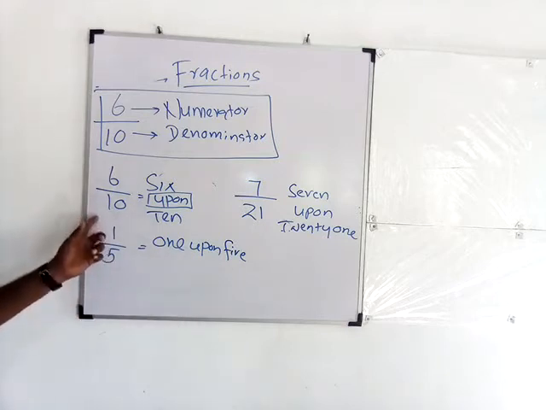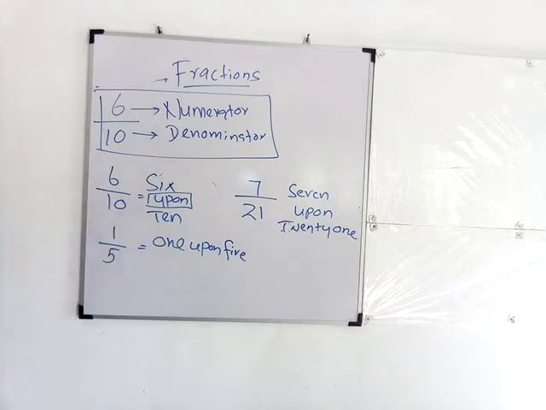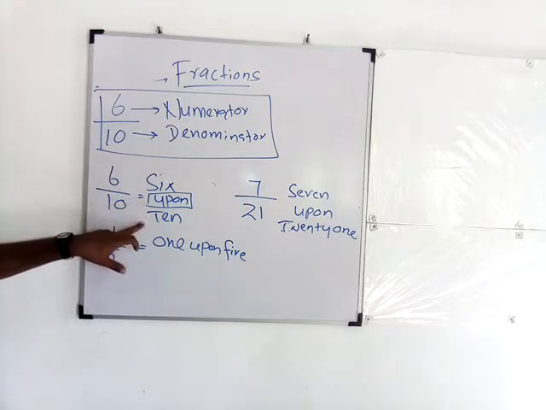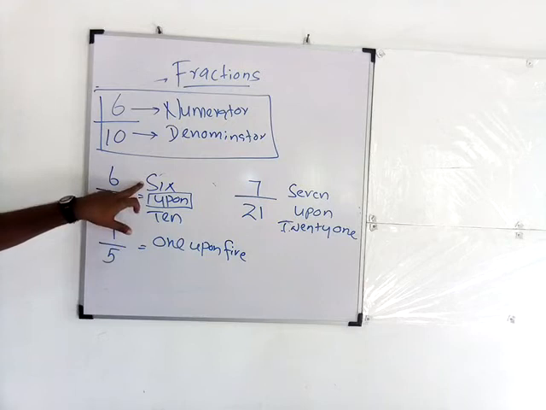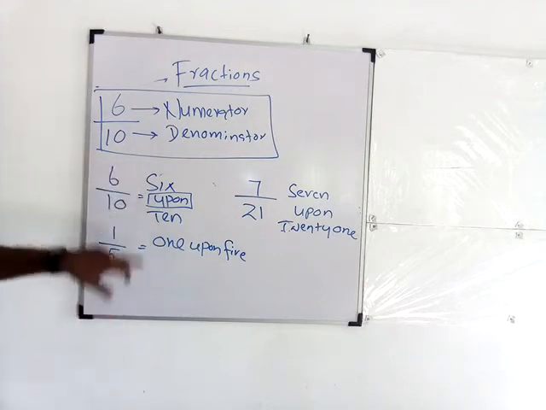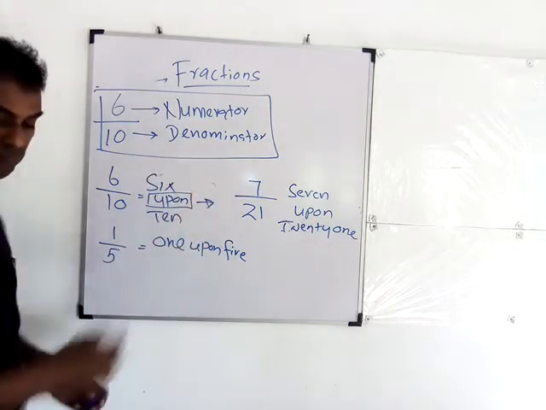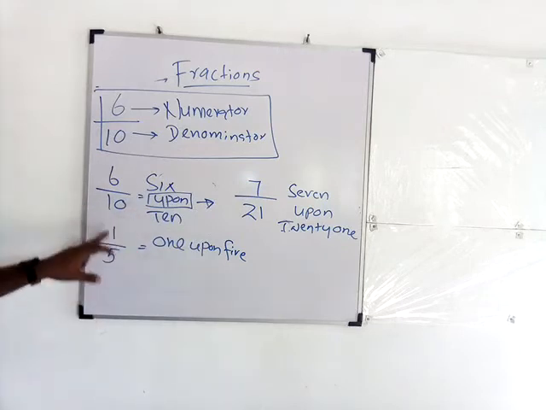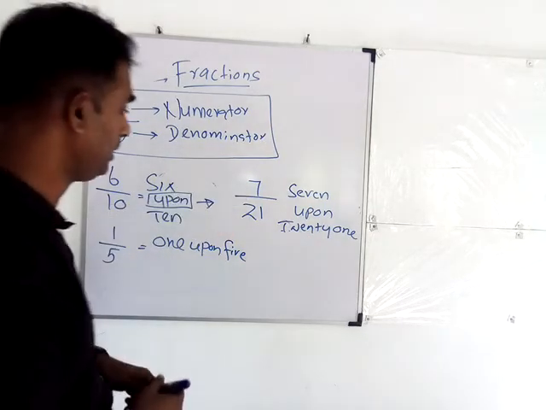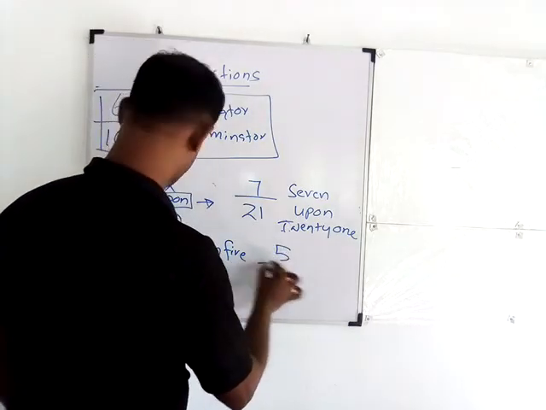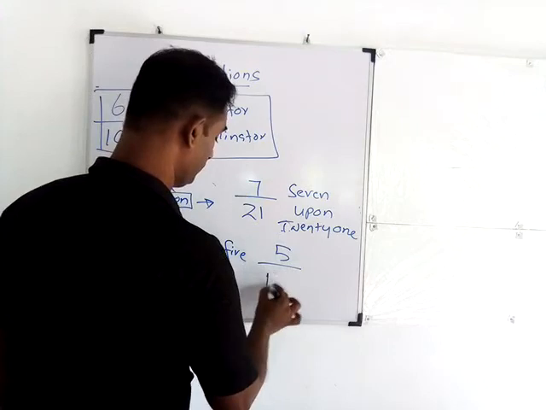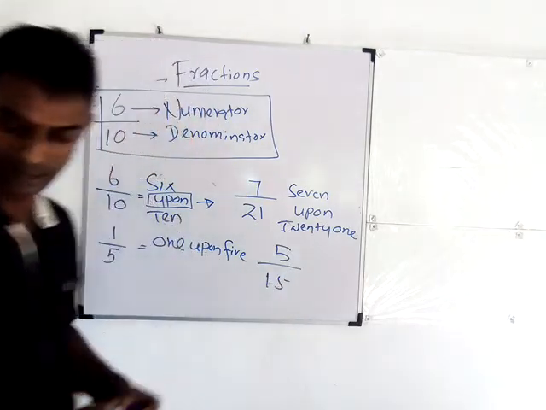But in the second method, we use 6 upon 10, which is also normal counting mode, but with the special word upon. 6 upon 10, 1 upon 5, 7 upon 20, 5 upon 15, like that.